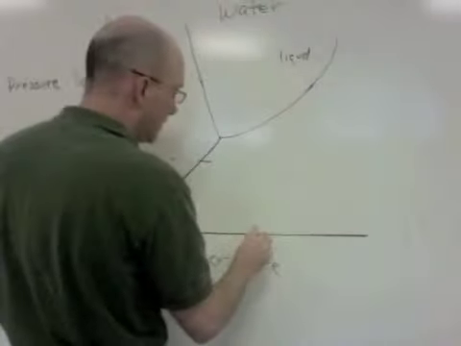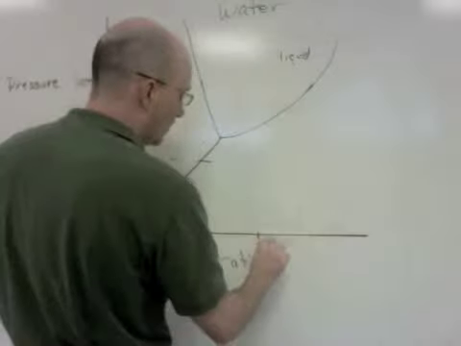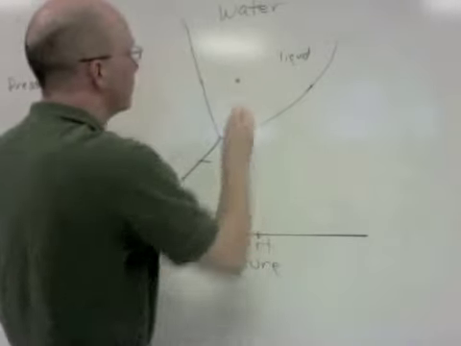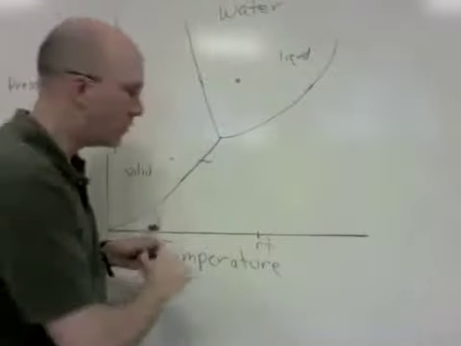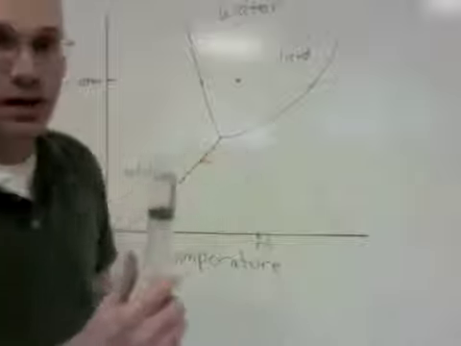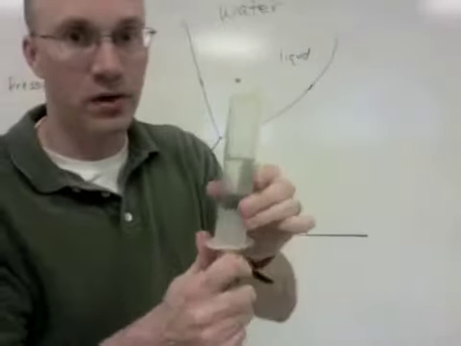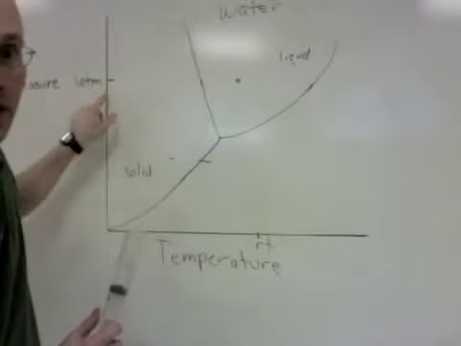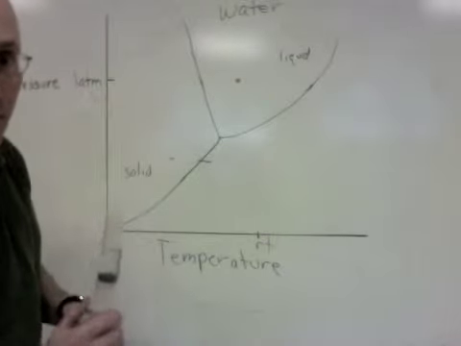Let's say that this right here is room temperature. So right now, where on this phase diagram is this water? It's right about right there. It's at room temperature, and it's at 1 atmosphere of pressure.